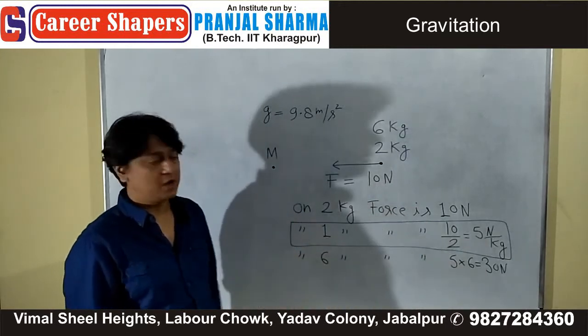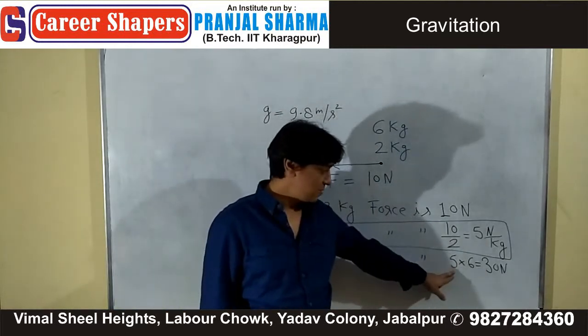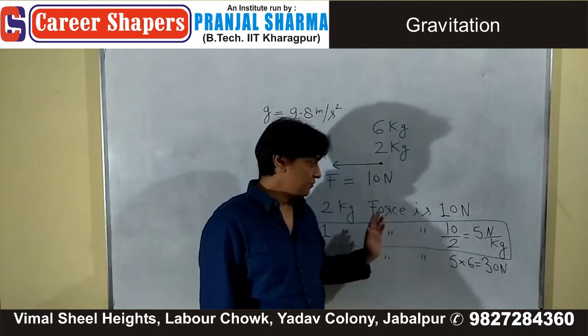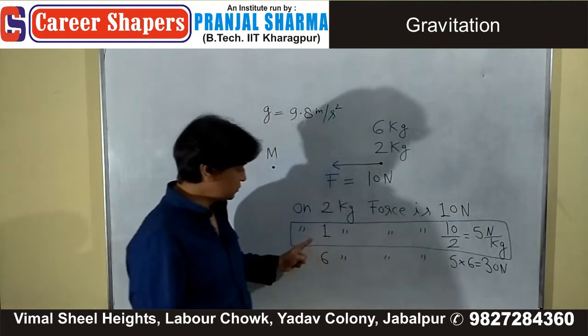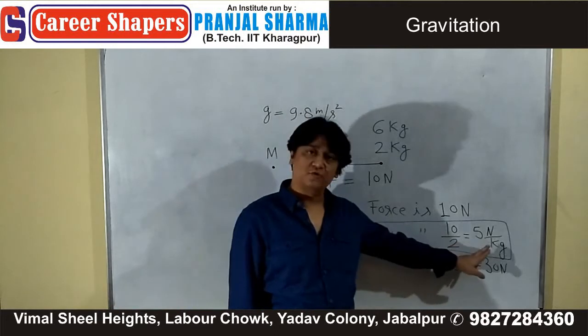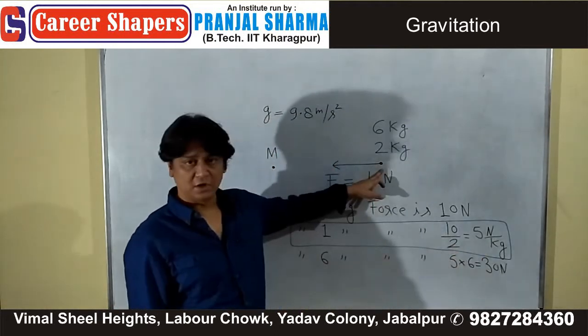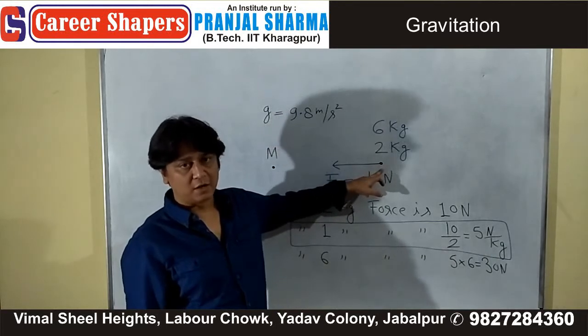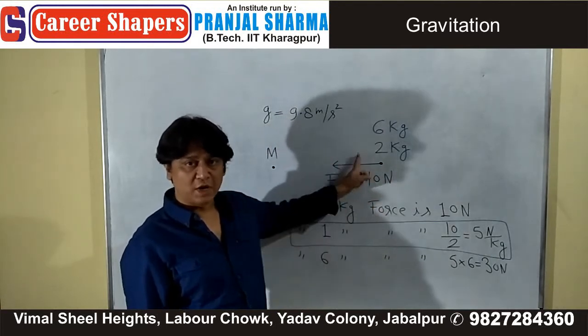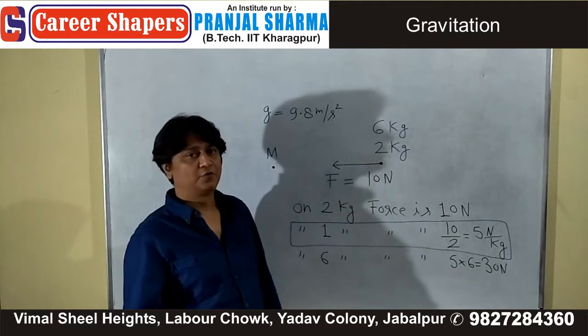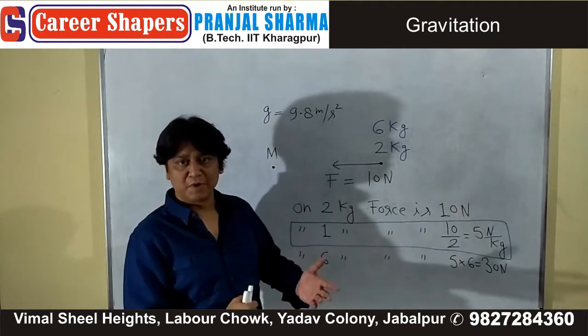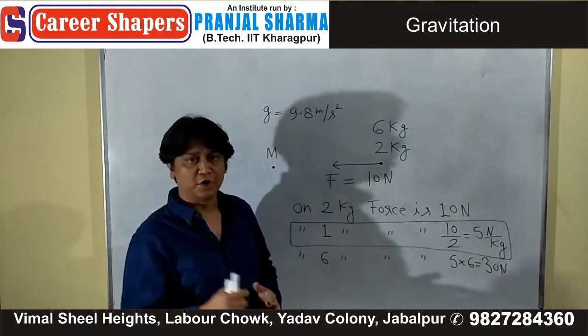You just need to multiply it with that number. In this example, force on unit mass is coming 5. If I ask you that you place 8 kg, then what will be the force on that? You know that force on 1 kg is 5, and therefore force on 8 kg will be simply 8 into 5, 40 newtons.